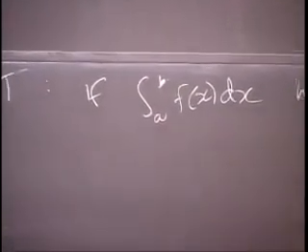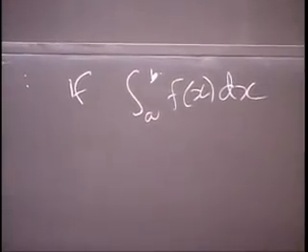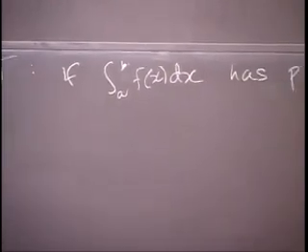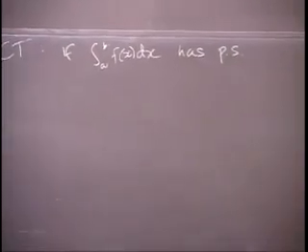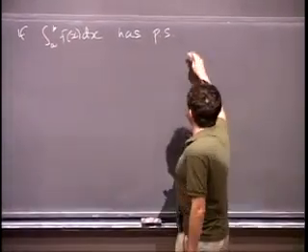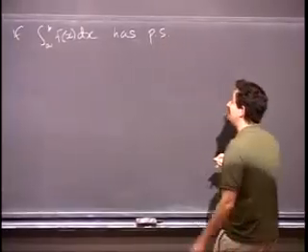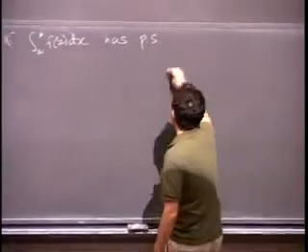Those are always problem spots, and vertical asymptotes are problem spots. There are other more exotic ones, but as far as we're concerned, those are the ones that are going to come up.